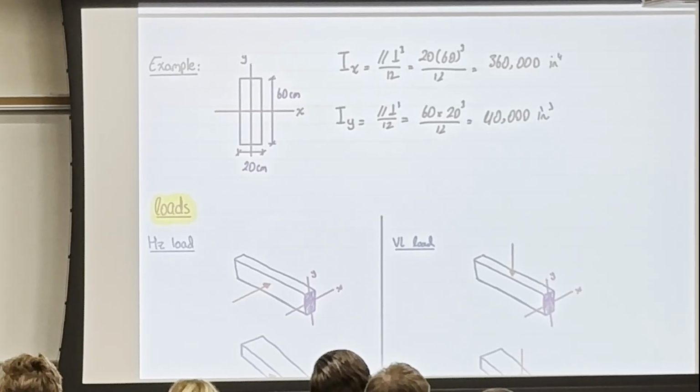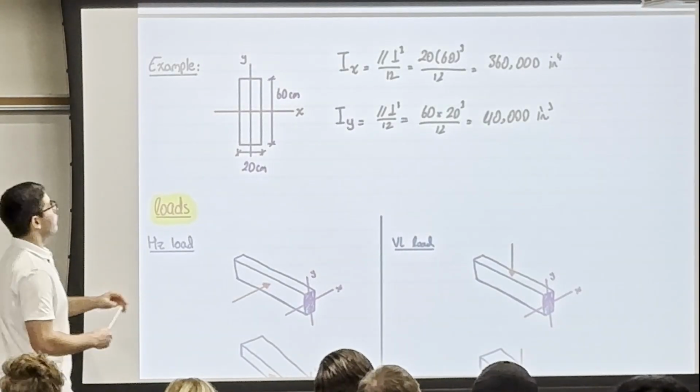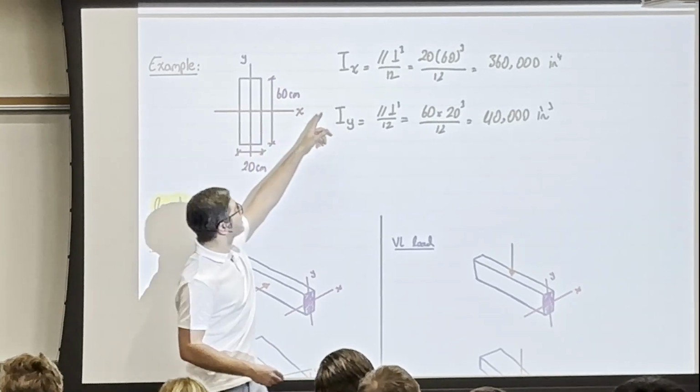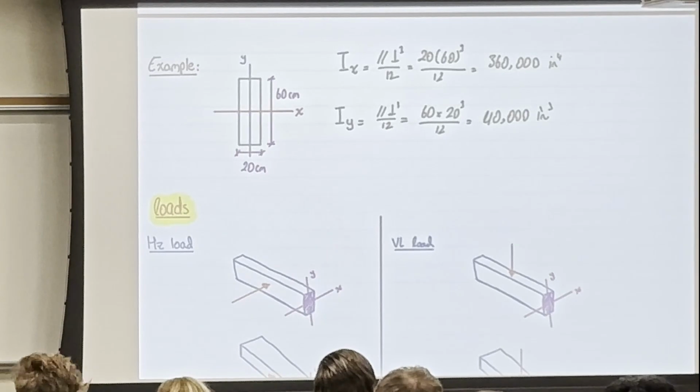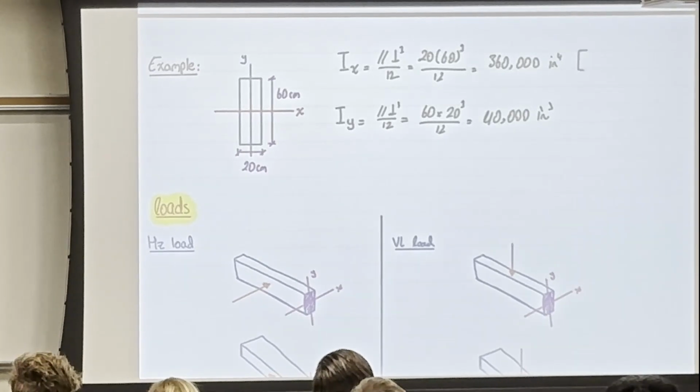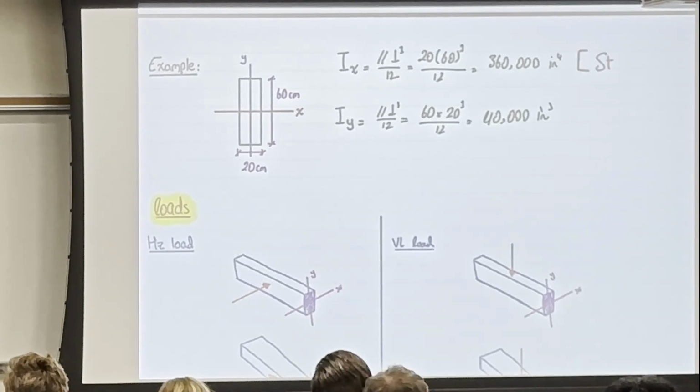Which tells you, and it does make sense, that the resistance of this shape to bend about x is way larger than the resistance about y. That's why whenever you know an axis that's stronger than the other, we call it the strong axis. So x here, we call it the strong axis.